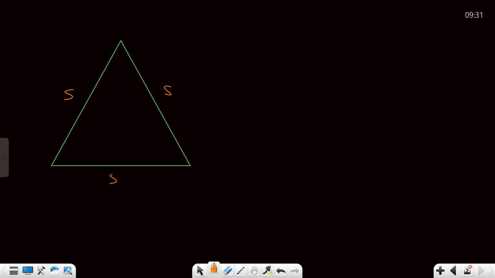You could, if you wanted to, use 1/2 AB sine theta, right? So we know that's 60 degrees. If you're given one of the sides of the triangle, you could just simply do area is equal to 1/2 AB sine theta.